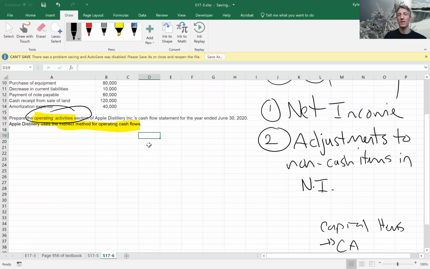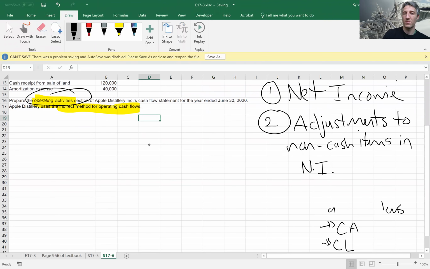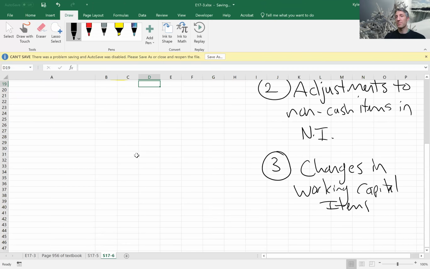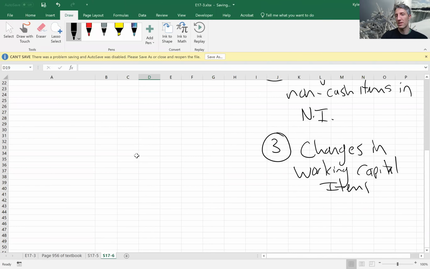And then 3, what we do is we incorporate the changes in working capital items. Now, if we remember what working capital is, it's current assets minus current liabilities.